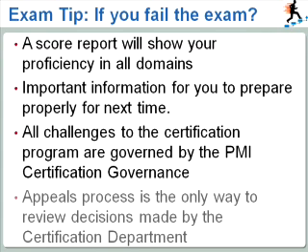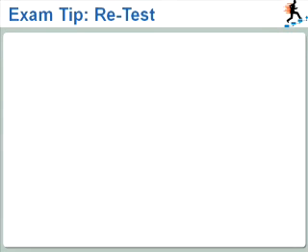The appeals procedure is the only method to review all decisions made by the certification department regarding applications, eligibility, examinations, test administrations and results, and other application or testing related certification issues or challenges or complaints. So that was the highly complex administrative process of how to challenge your exam result.